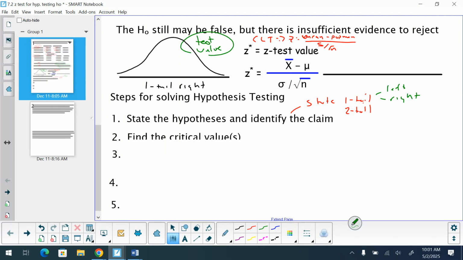The second thing we find is our critical values. We get them from the T-table.